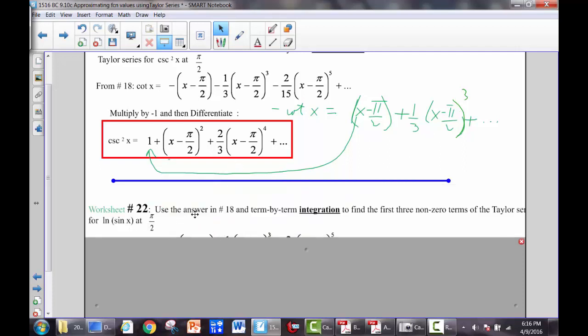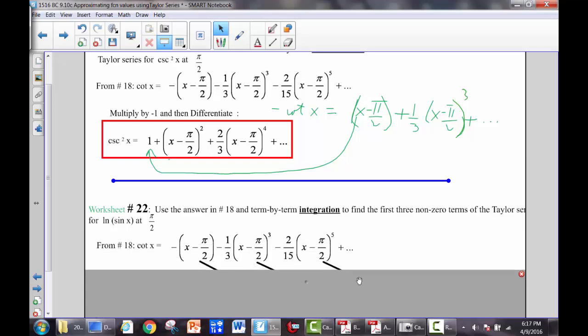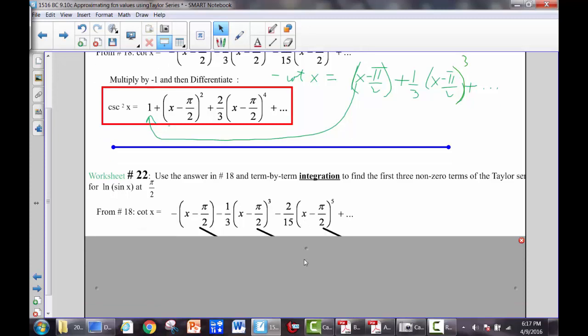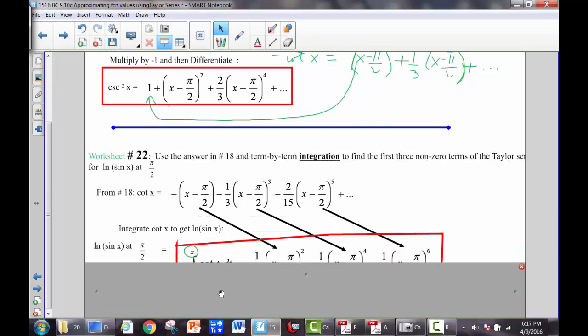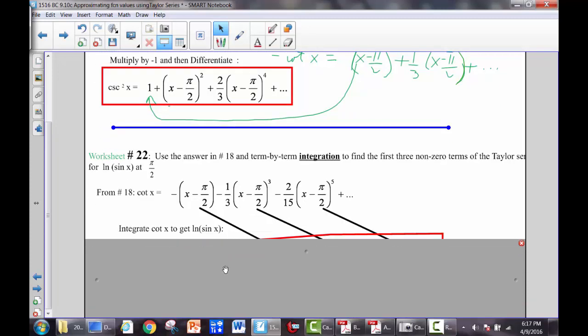Number 22 also asked you to take the answer from number 18 and then use term by term integration to find the first 3 non-zero terms of the Taylor series for ln of sine x. So we start with our answer from number 18, and we're going to integrate, which they actually tell you to do. And when they get complicated, they will tell you what to do.